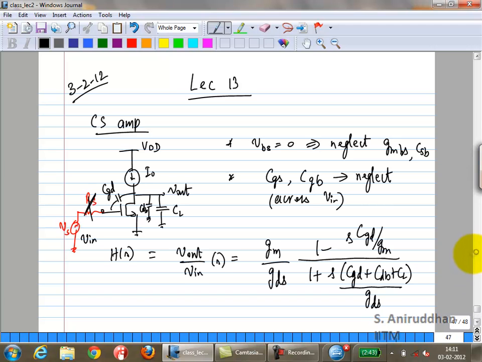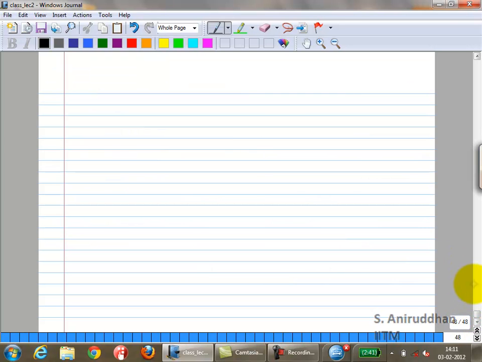We are going to see. Let's start looking at this. So we are going to take this as a model and see how you write it out, right? Let's find out what omega z and omega p are. Then we'll see if there is some general method to write it out. Okay.